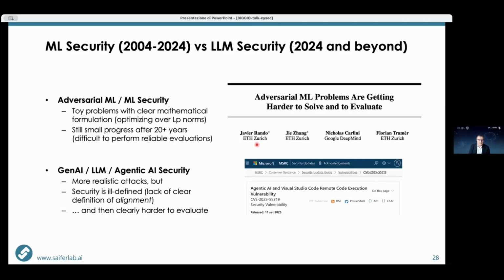But now the thing is becoming very interesting because these attacks essentially can really target existing systems and give rise to this new type of vulnerabilities that are discovered day after day. And the problem that I see here is that, given that we have no mathematical support as we had before, the concept of security here is ill-defined. So we don't have a clear definition of even what aligning these models means. And so even evaluating them is becoming really, really challenging.